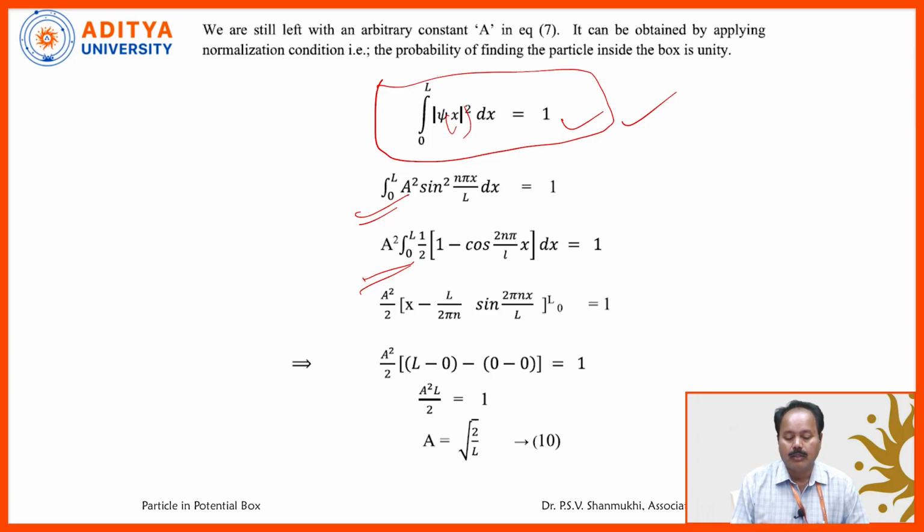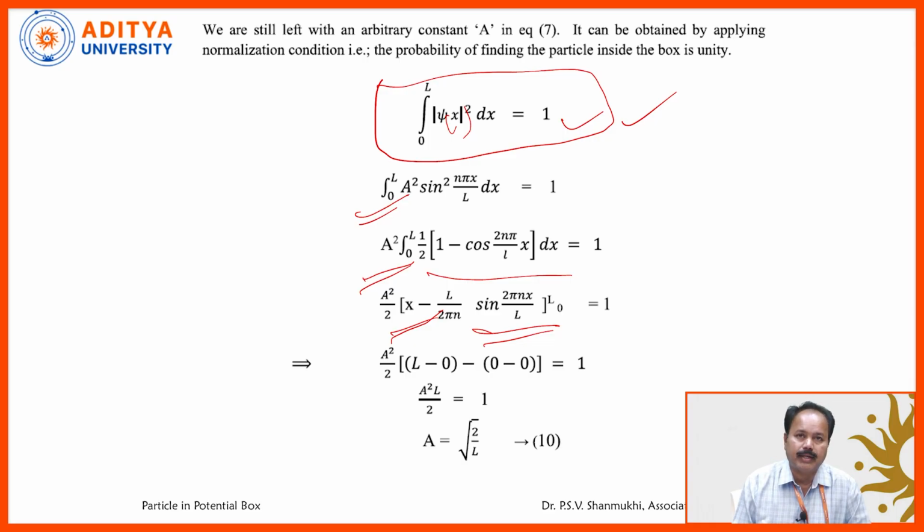So in this context we get 1 by 2 into (1 minus cos 2n pi by L times x). Again, the integral of dx means x, and the integral of cos theta is sin theta. Therefore, this term gives sin(2n pi by L times x) divided by 2n pi by L, with limits 0 to L.